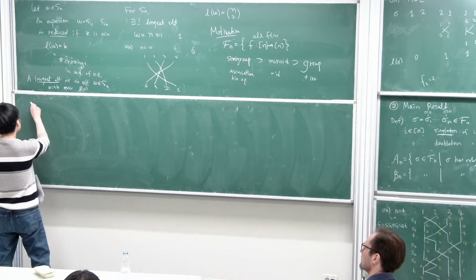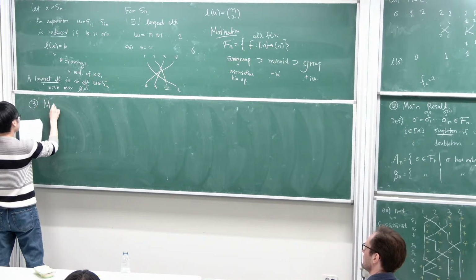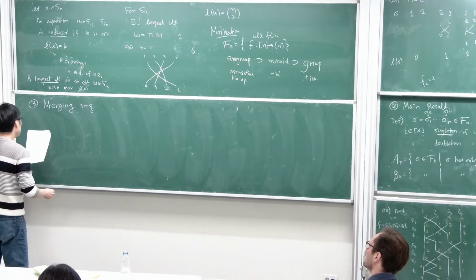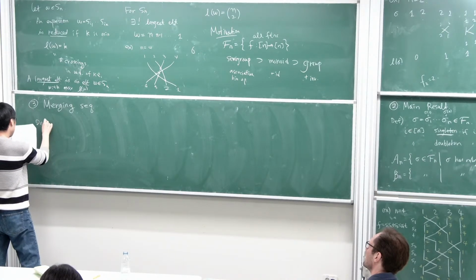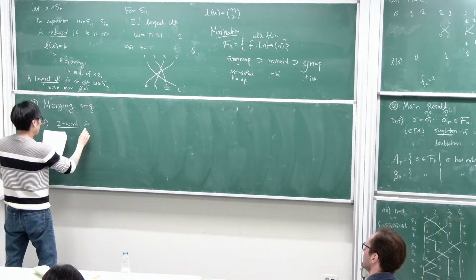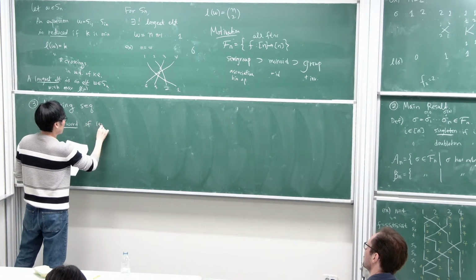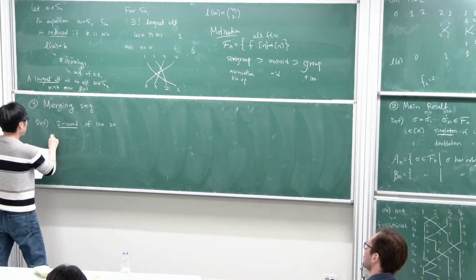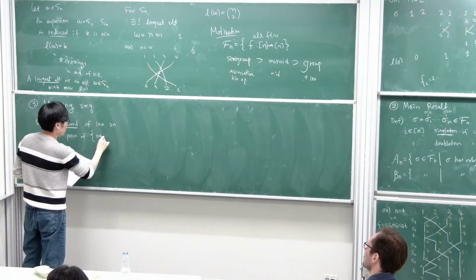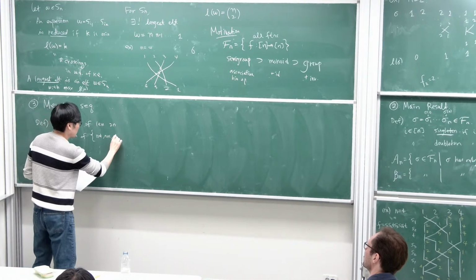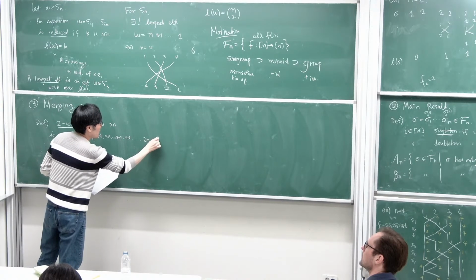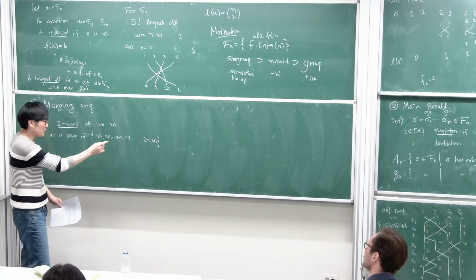We're going to use this concept, merging sequences. By the way, I'm going to introduce this notion. A two-word of length 2n is just a permutation of 1, 1, 2, 2, up to n, n, or rather, from n+1 to 2n they all appear twice.